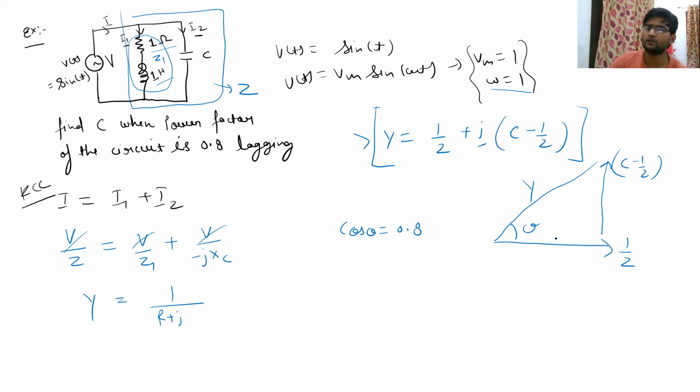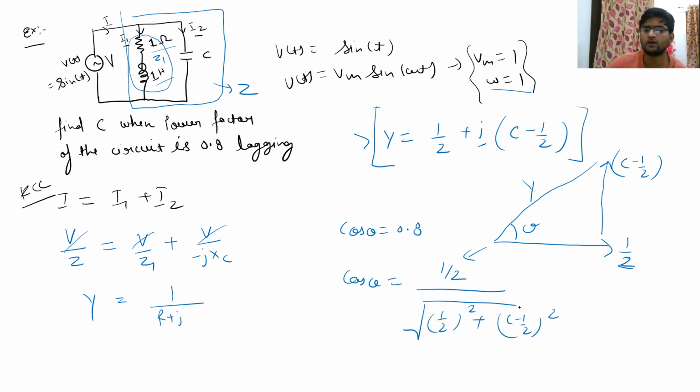From this diagram, can you tell me the value of cos theta? Cos theta is equal to 1 by 2 divided by under root of (1 by 2) whole square plus (c minus 1 by 2) whole square. So this is already given as 0.8.